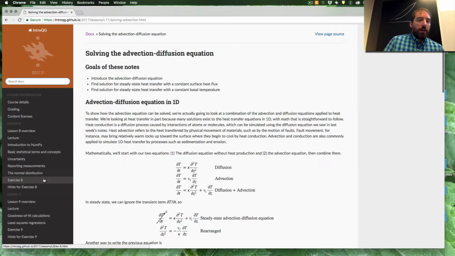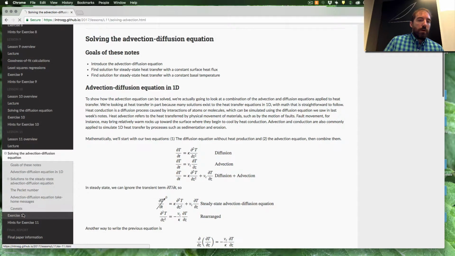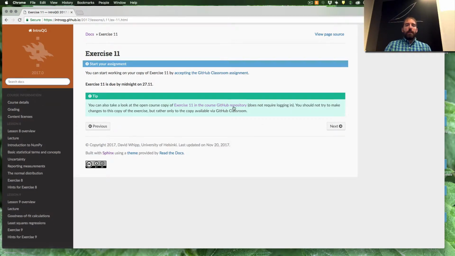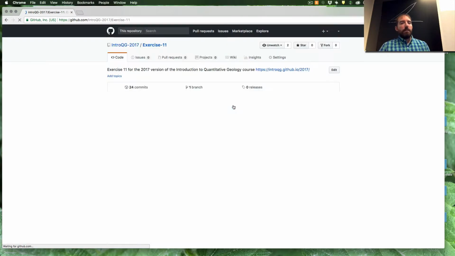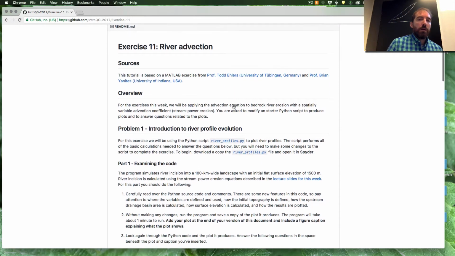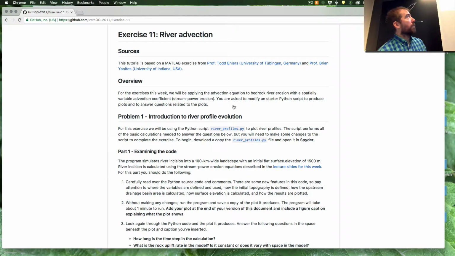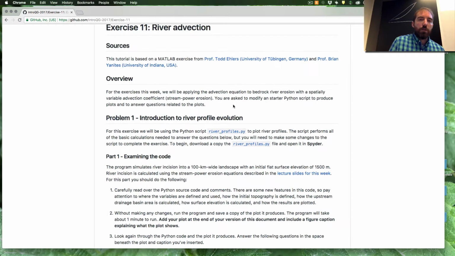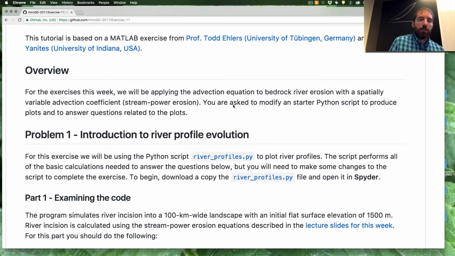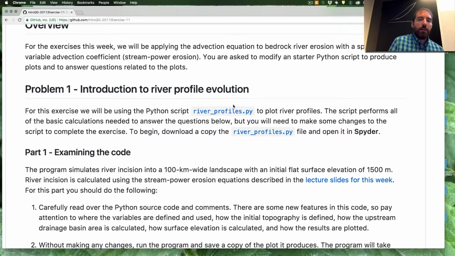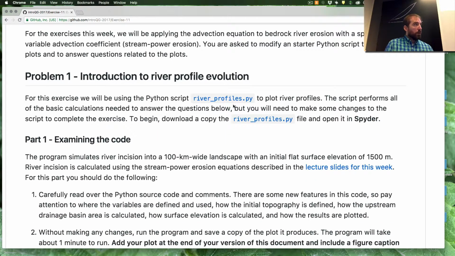So that's that, and then that takes us now to exercise number 11. For the exercise this week, we are basically looking at river advection, or erosion, using the stream power erosion law. And you're given a starter script like last week, and in fact the starter script works. So you can use that right from the start of the exercise this week.